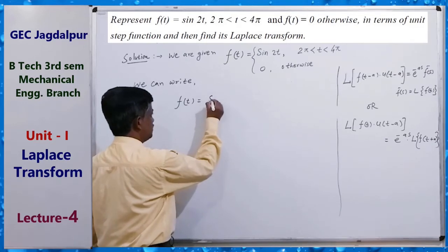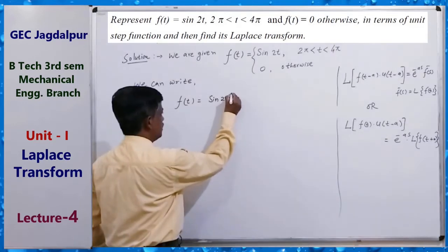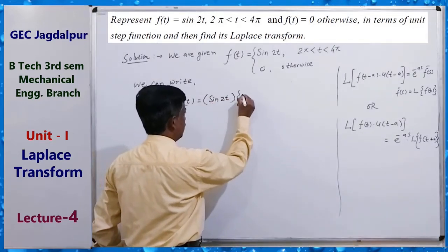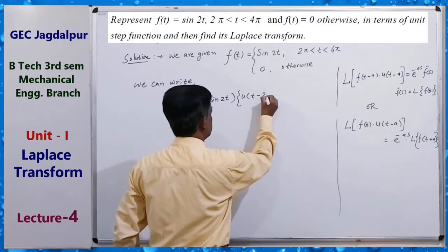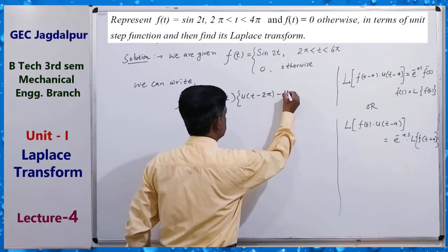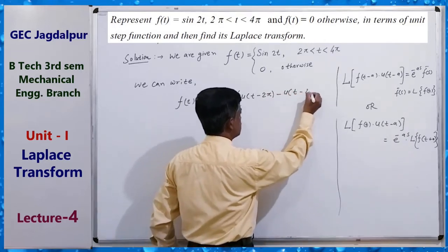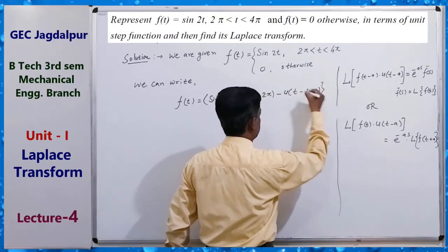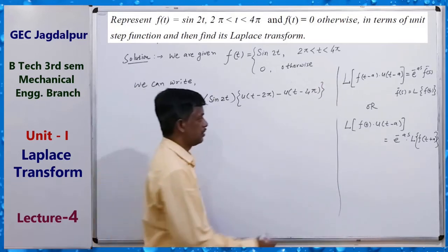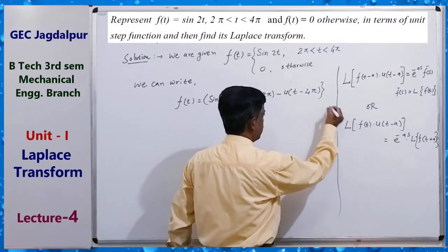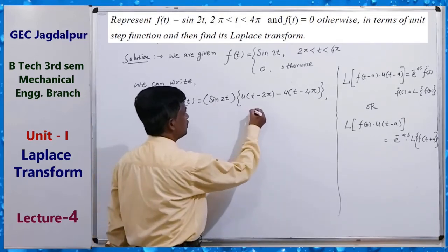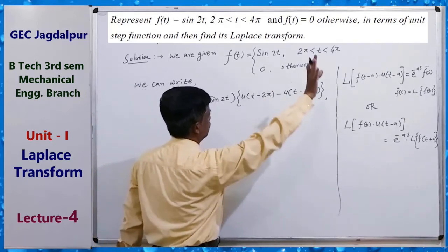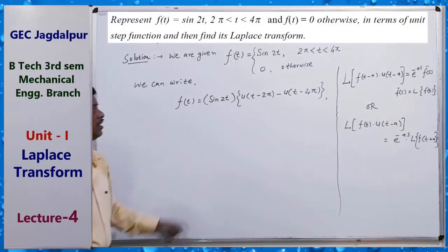We know, like this, sin 2t times unit function (t minus 2 pi) minus unit function (t minus 4 pi), plus 0 times the rest. So we can write only this.